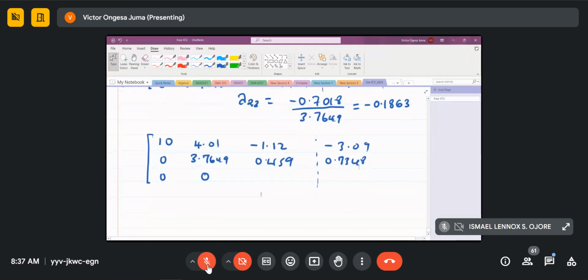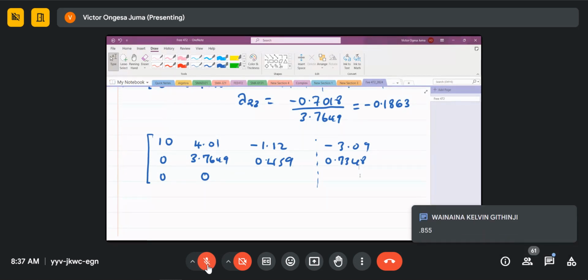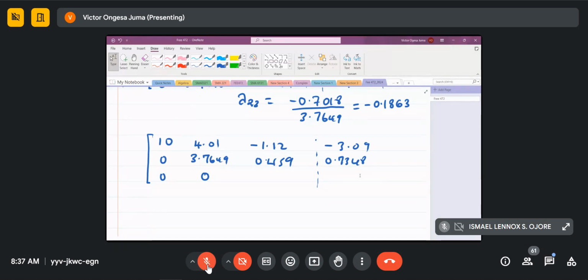I need these last two values. 0.8549. And this?